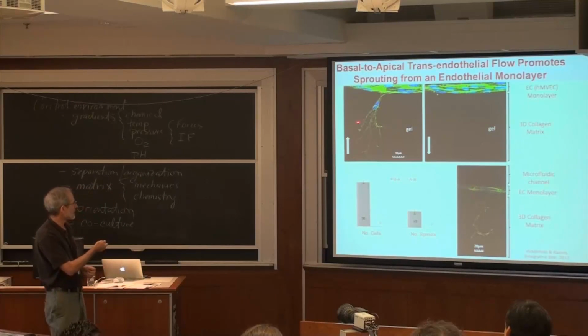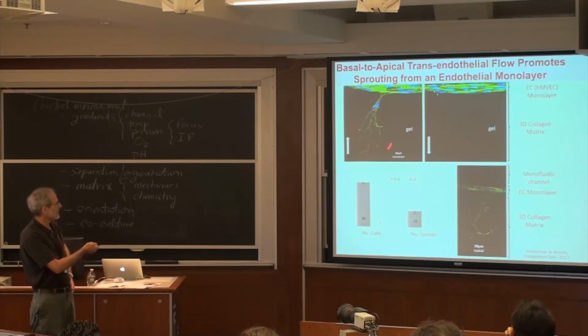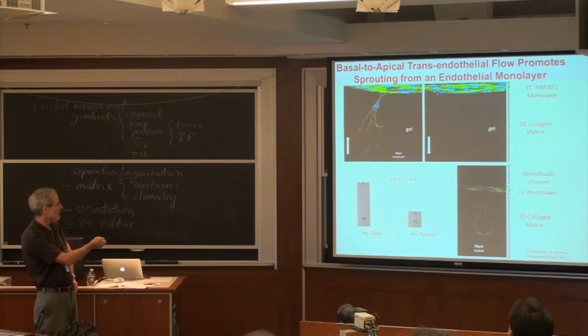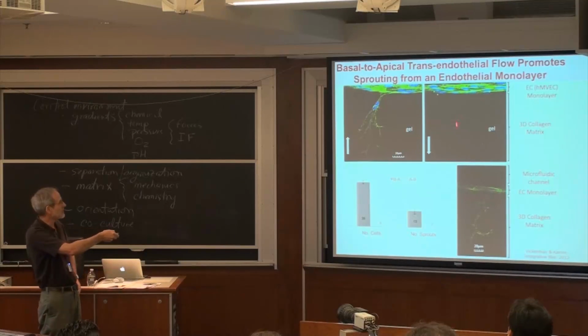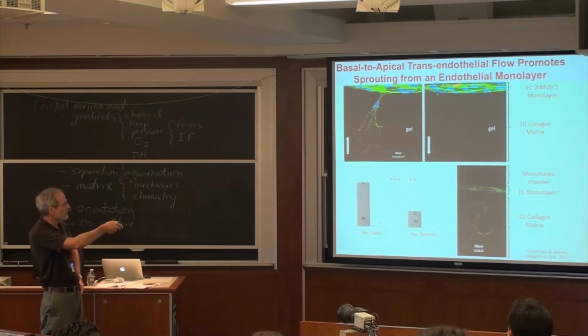You can imagine in this case, this would represent the low pressure side of the circulation, so this might be a vein or a venule. This would be the tissue. The tumor might be down here. The flow would be generated from the tumor heading toward either the venous circulation or lymphatic. Here the flow is in the opposite direction, so this would maybe better simulate the arterial circulation, flow from the channel into the gel.